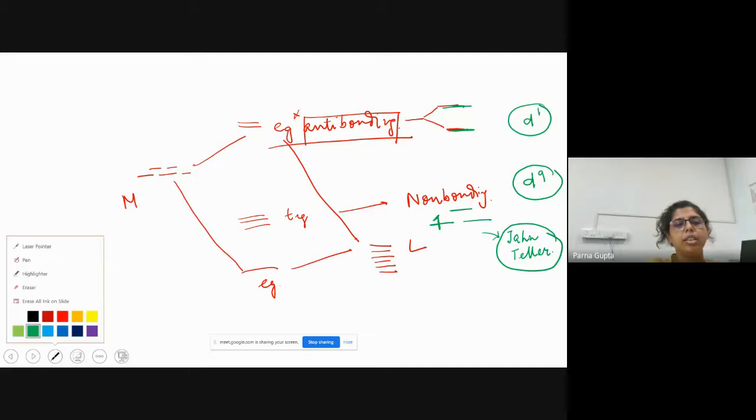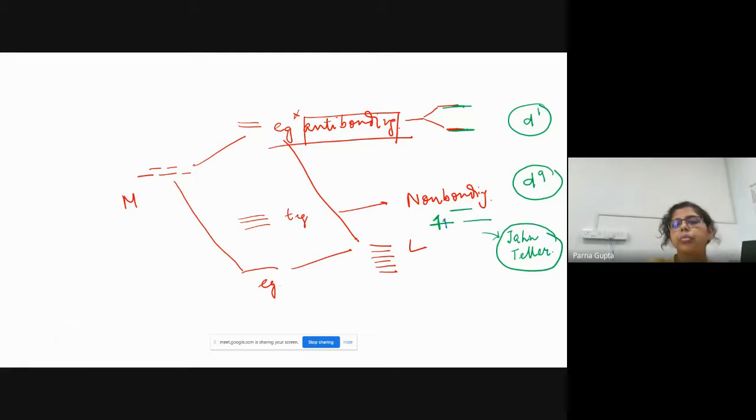Or if you have a d9 system, now, as the energy goes a little up, if you look at the bond length parameter for a particular d9 system, it is more affected because the Jahn-Teller distortion affects the anti-bonding orbital.